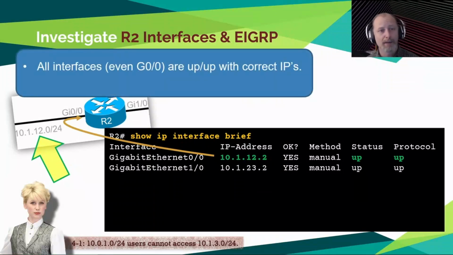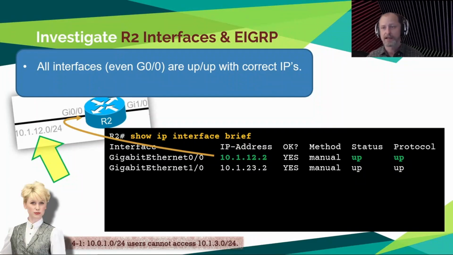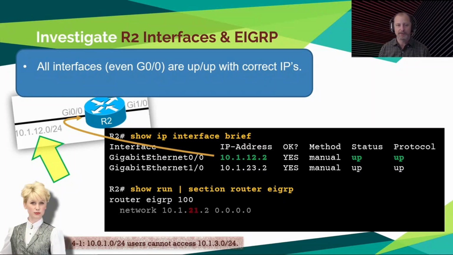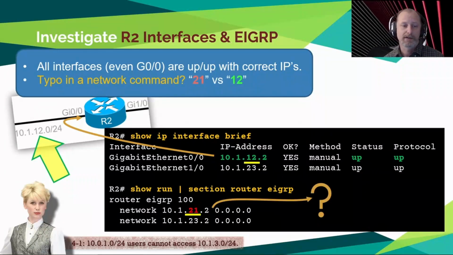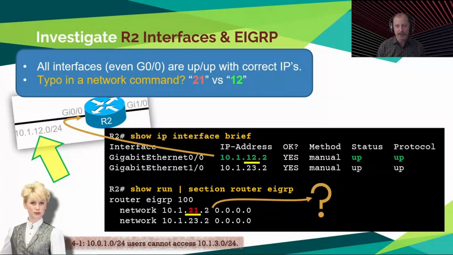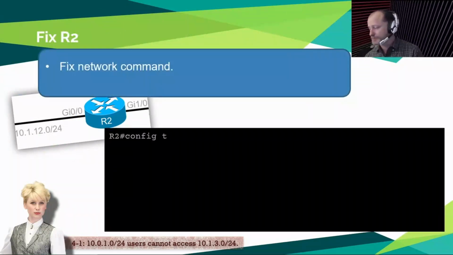They're all up, even 0/0, with correct IPs, okay? Show run section router EIGRP. The network command is looking at the 21 subnet versus the 12 subnet. So we need to fix the network command.